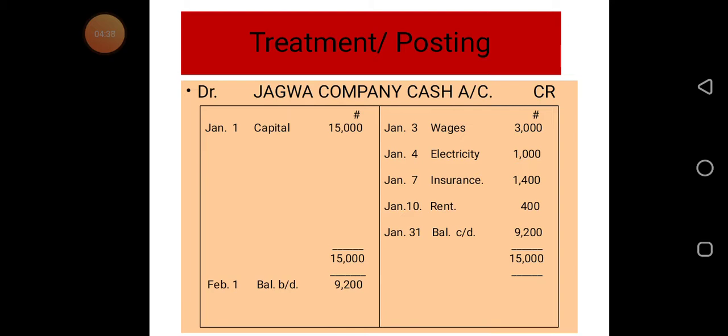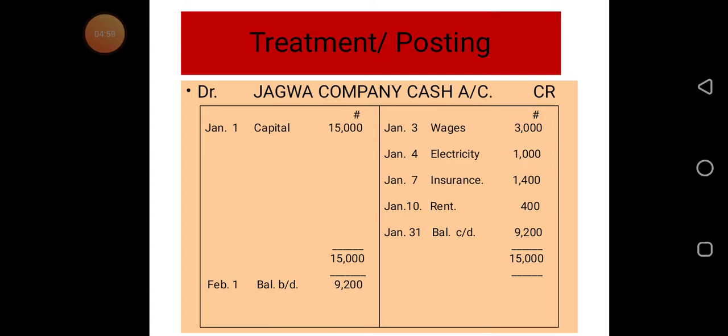Now, listen very well. Why are these values on the credit side? It's because of that same principle we did. We should credit the giver and debit the receiver.